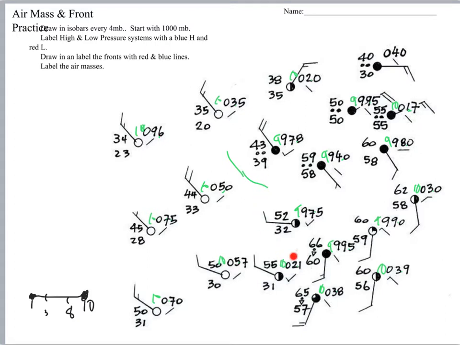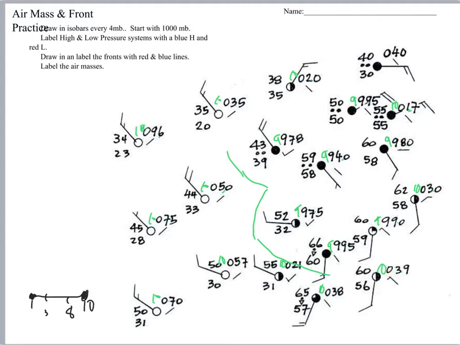So before you just come down through here, see I'm going through these 2 points. You have to double check your work as you go. That's greater than 1,000 and this is less than 1,000. So yes, that does work. Less than 1,000, greater than 1,000, less than, greater than.